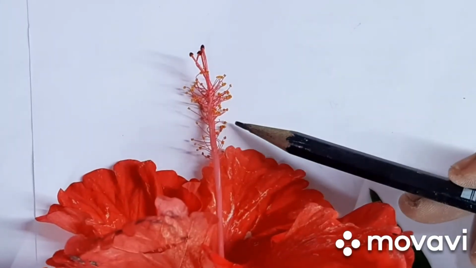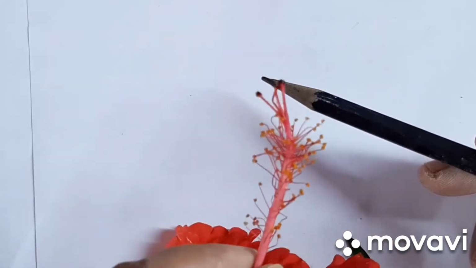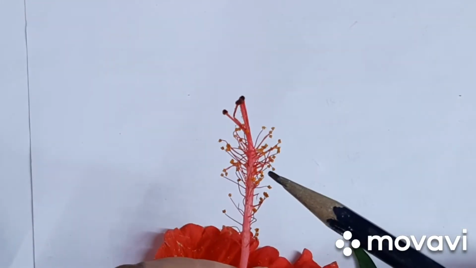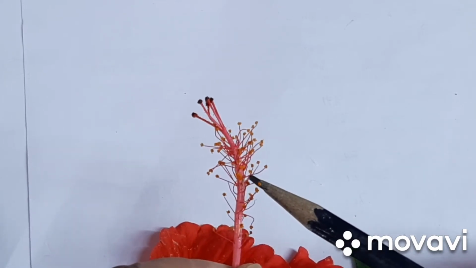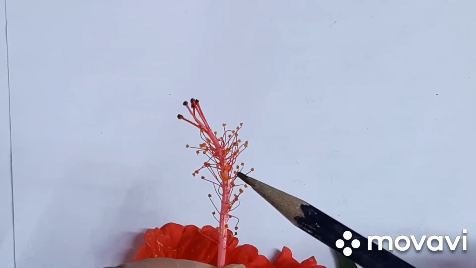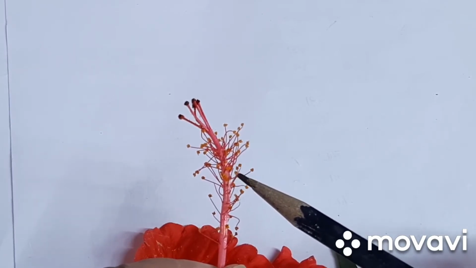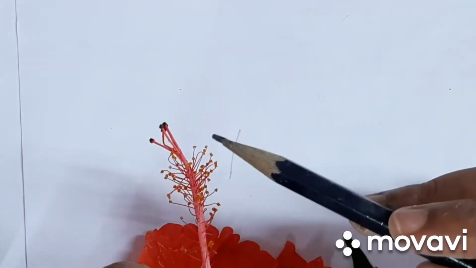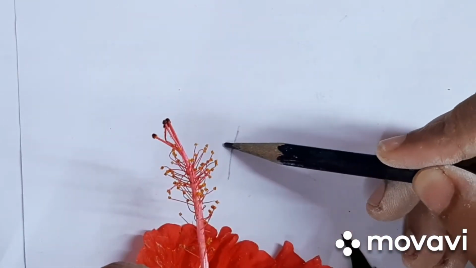Children, in this hibiscus flower you can see the stamens. This yellow part is called the stamens. You can see the stamens are attached to the flower with a stalk called filaments. As the teacher has told, a stamen has a filament and an anther.